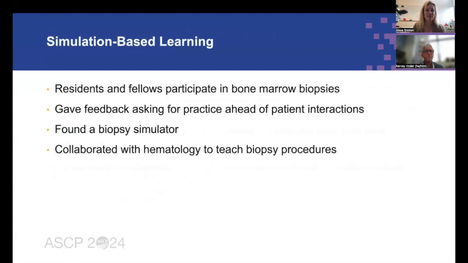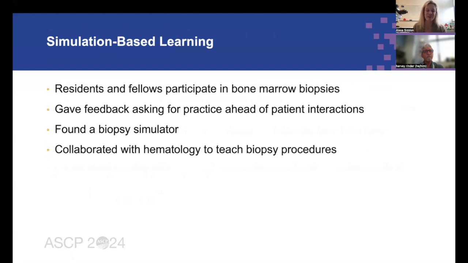And I'd like to go over some ways that we use different types of educational activities outside of lecture-based teaching for our trainees. One of the things that I've implemented in hematopathology is simulation-based learning.